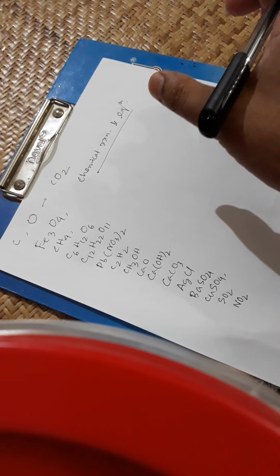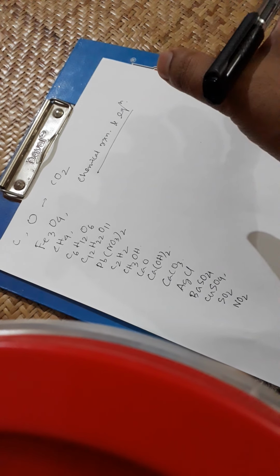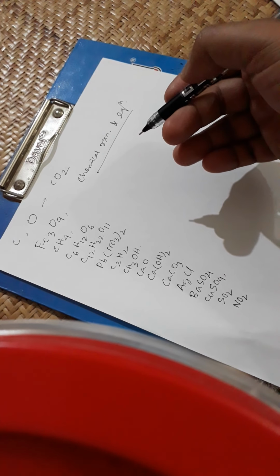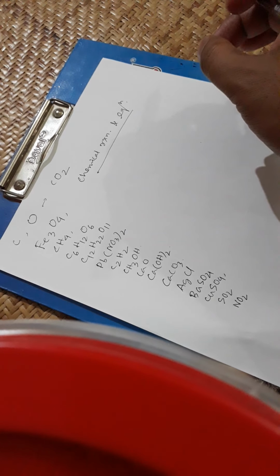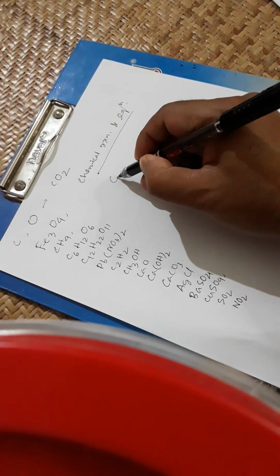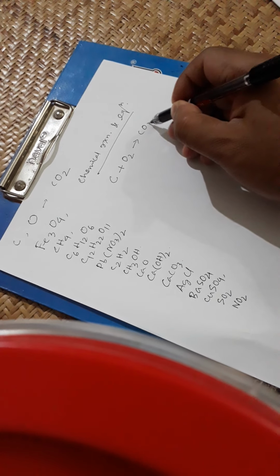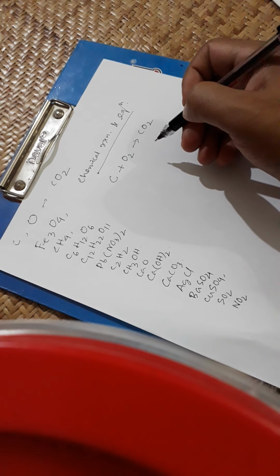This word equation can be represented symbolically along with formulas, and that becomes a skeletal chemical equation. So what was the word equation? Carbon reacts with oxygen gives carbon dioxide. So carbon is C, oxygen means oxygen gas, which is written as O2, and gives carbon dioxide means CO2. It is the chemical equation.